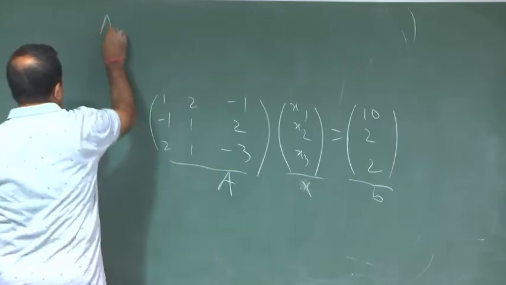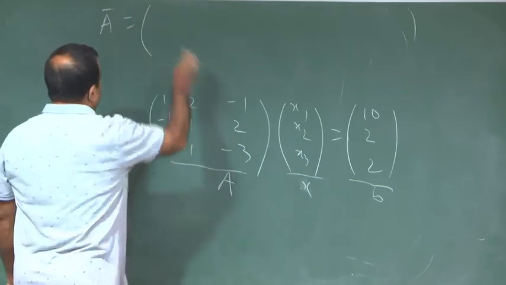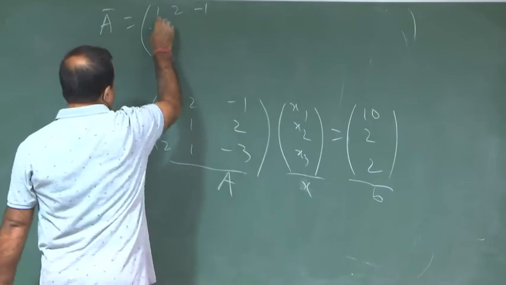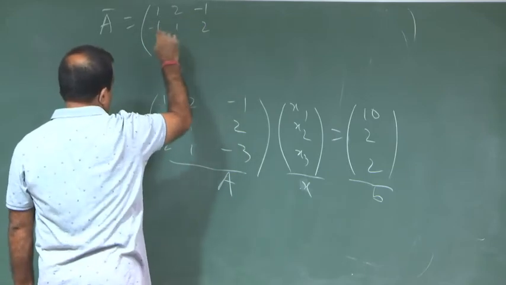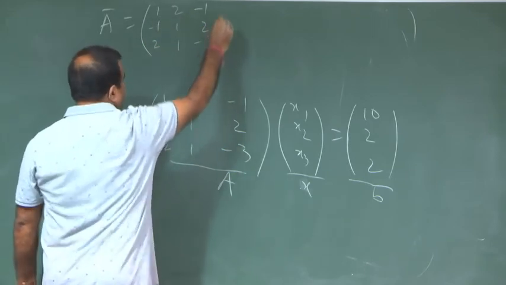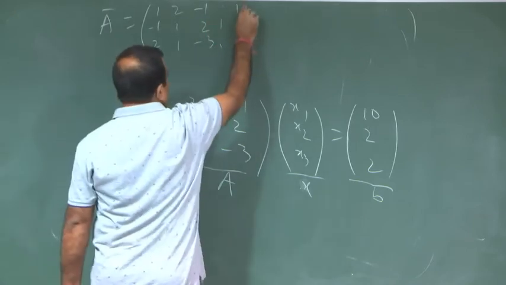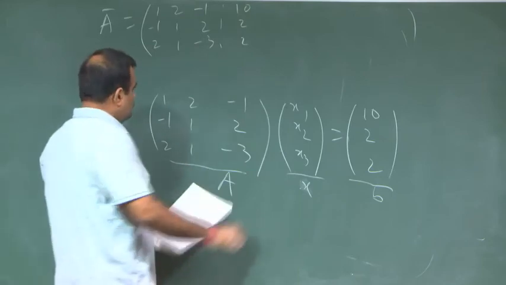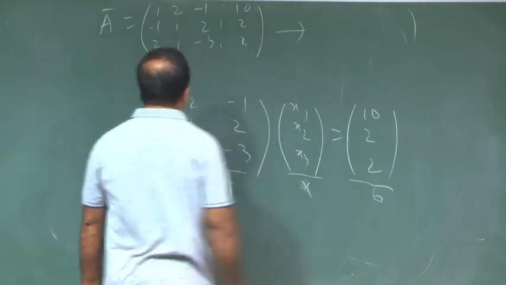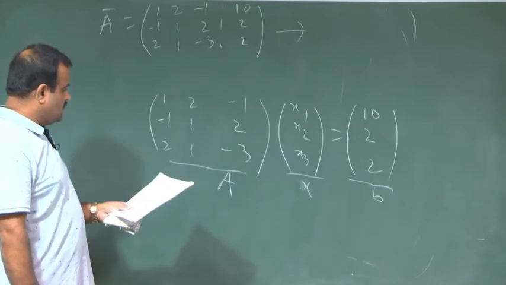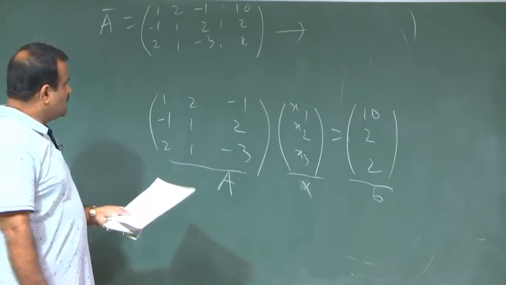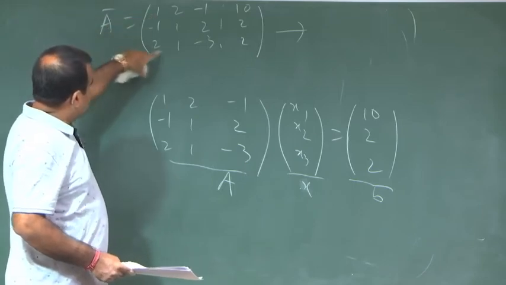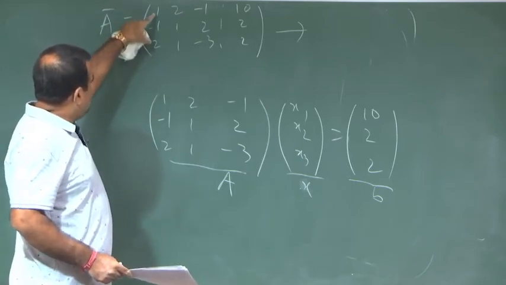So, let us take the augmented matrix and we will do the row operations on this. This is A, with rows minus 1 1 2 and 2 1 minus 3, along with the B vector. So, this is the augmented matrix. We will do the row operations. We first multiply this with 2 and subtract from this row, and then we can add this and this.